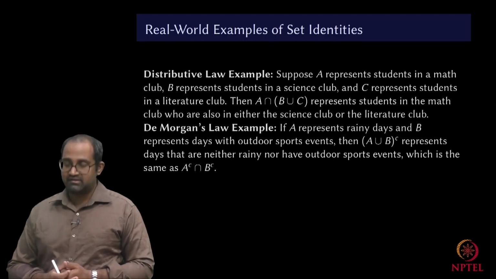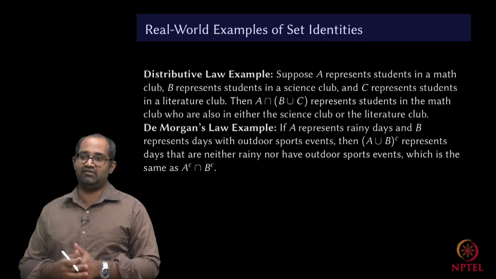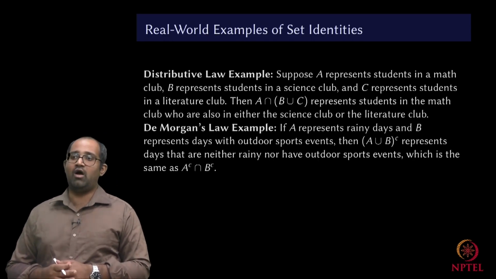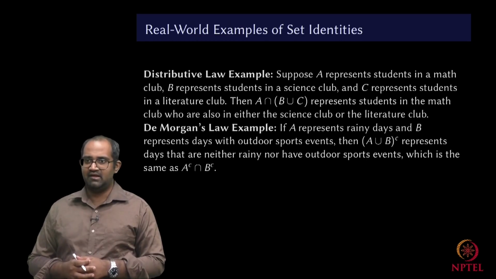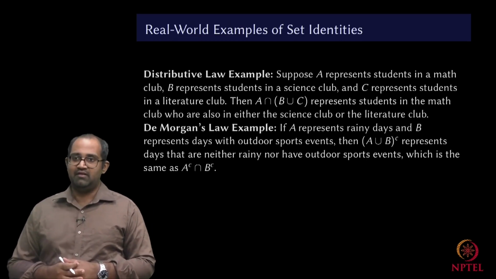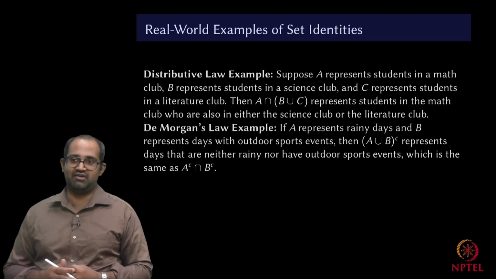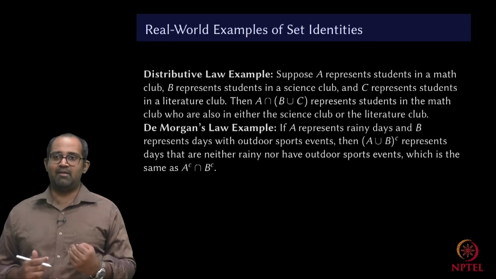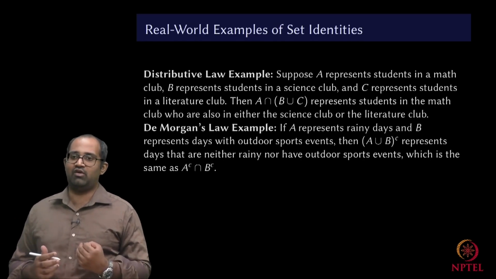If A represents rainy days and B represents days with outdoor sports events, then (A union B) complement represents days that are neither rainy nor have outdoor sports events, which is the same as A complement intersection B complement. Just from this example you can see why De Morgan's laws are true.